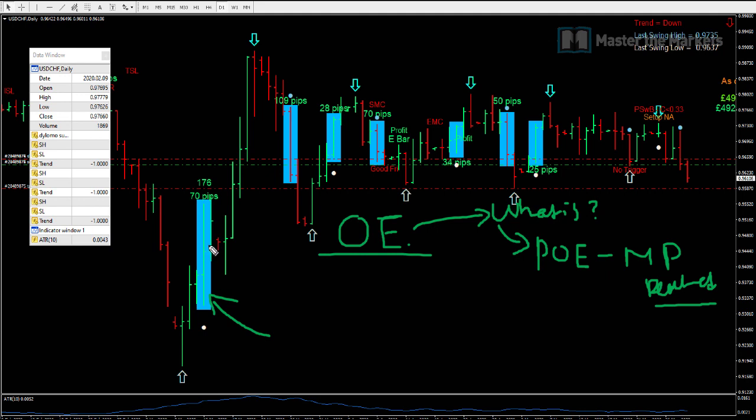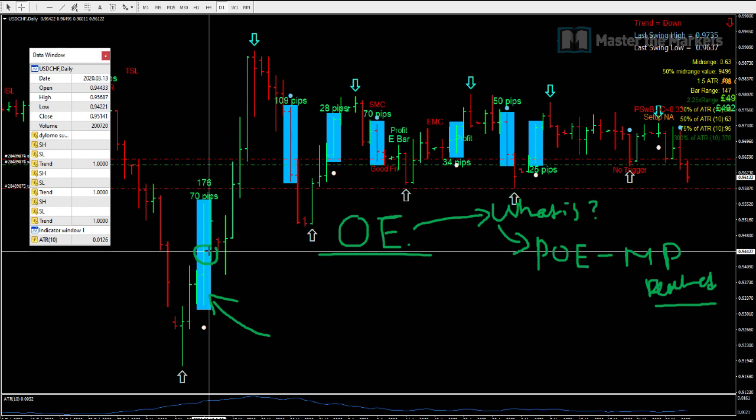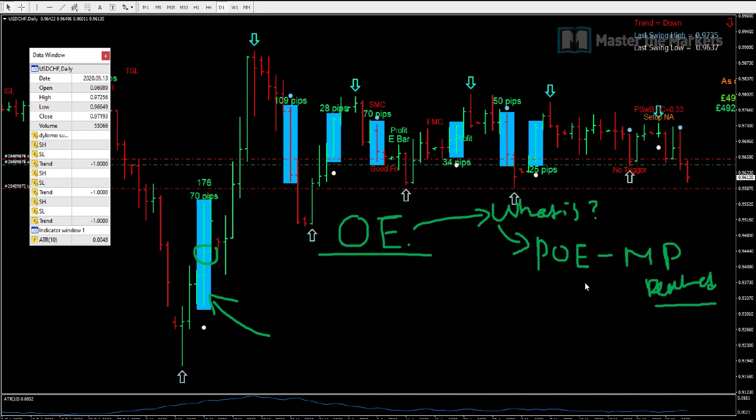So imagine we're entering on the close. That's one way we can enter once the bottom is confirmed, once the confirmation bar confirms that low. Once we enter on that, now what is the maximum point reached then of that particular trade? So let's see. Over here, that would be 454 pips. So that's how you calculate open equity.